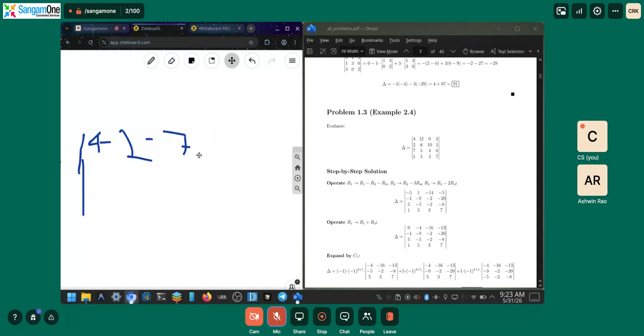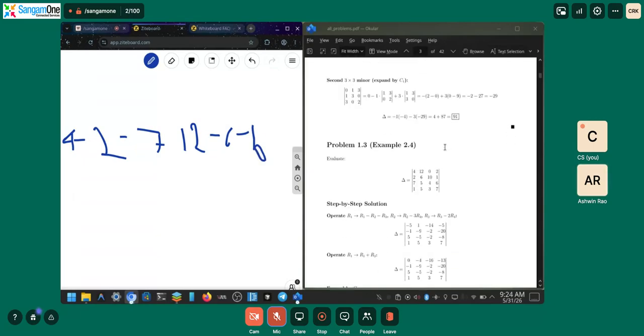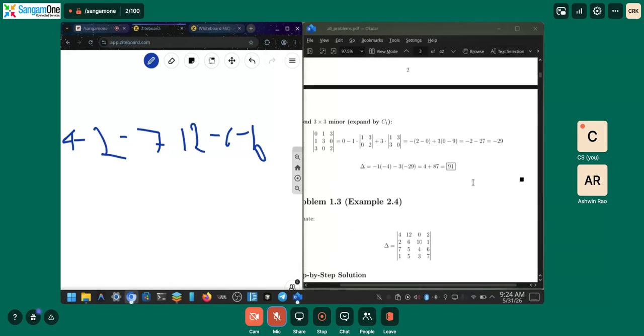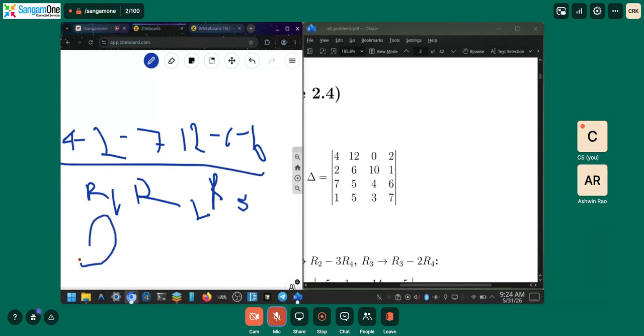Then minus 6, minus 5, like that. You can see this is R1, this is R2, this is R3. It's not visible, I will just zoom it. Here you can see the first row is R1, the second row is R2, the third row is R3. Only this row will transform. Other rows will remain as they are.